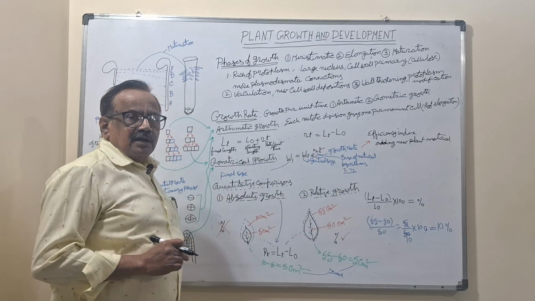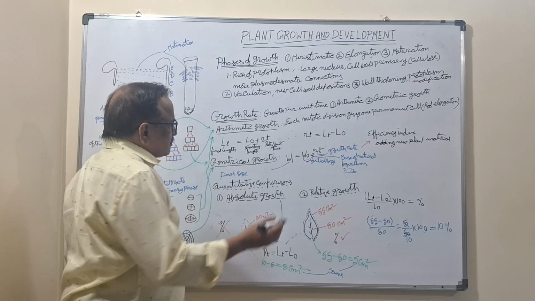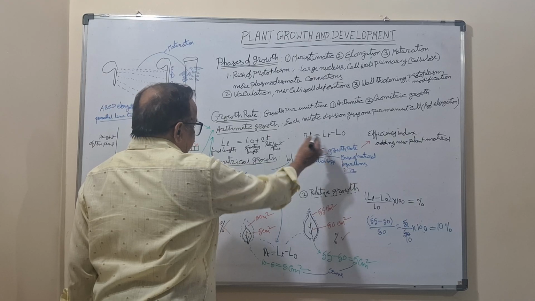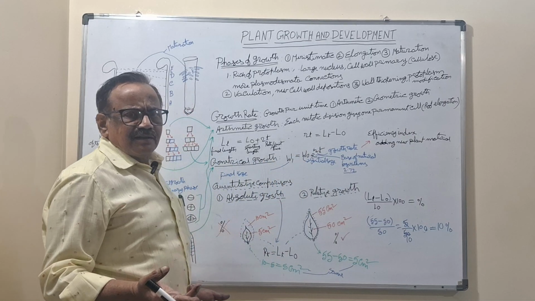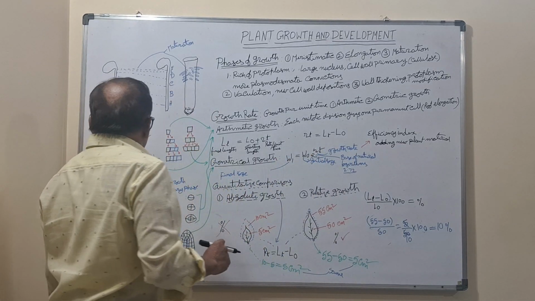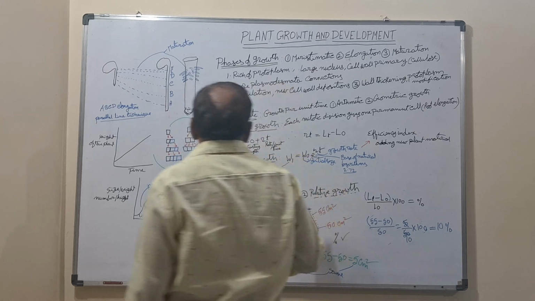It is important. He has not given it in the book, but mathematically, R is equal to L_t, the final length, minus the starting length. That's all. That is the rate in the unit time. Over. And now this can be shown here also, which I will discuss.